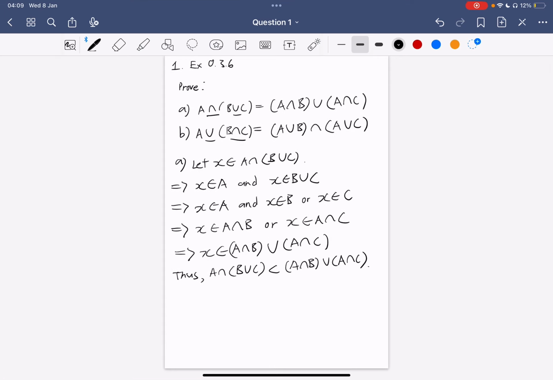Now, we have to do it for the right-hand side as well. So we let X be an element of the set on the right-hand side.